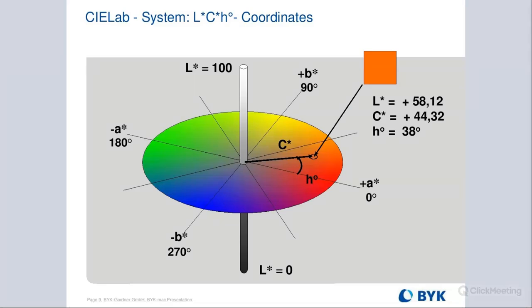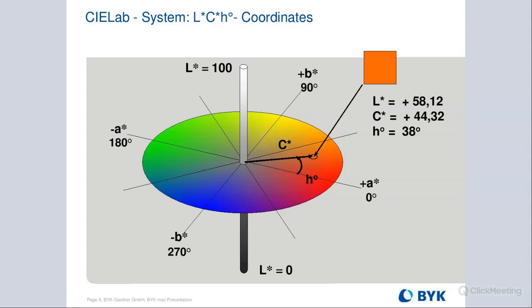We also have what's called the LCH scale. It's on the same type of coordinate system as the LAB, but it's just another way to look at where the colors are using a different coordinate system. This system uses the same L value, so we still have the L axis from 0 to 100, from black to white.